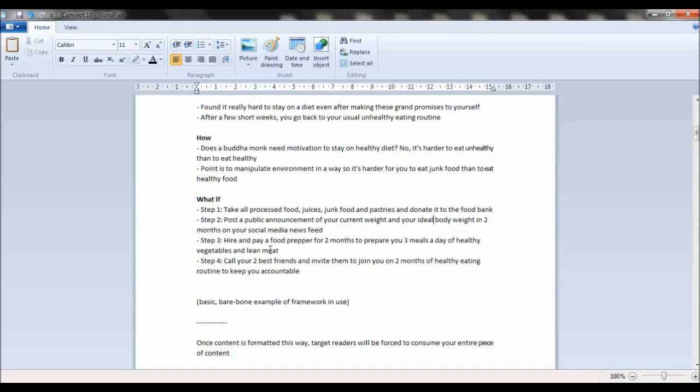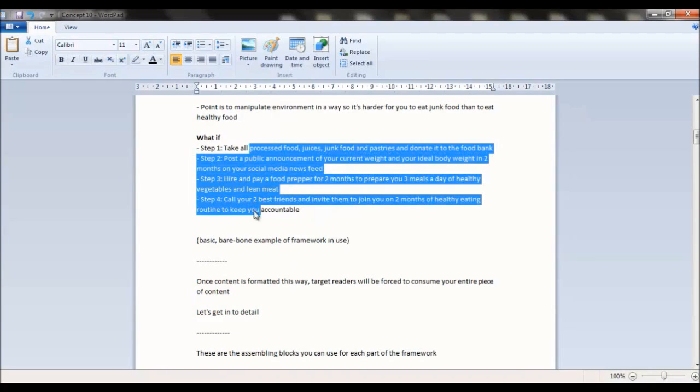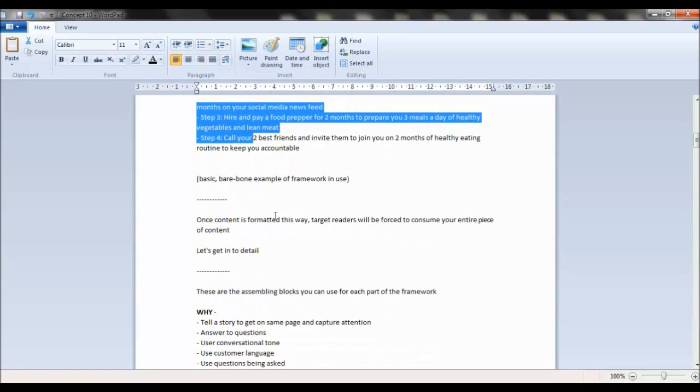Step 3, hire and pay a good food prepper for 2 months to prepare you 3 meals a day of healthy vegetables and lean meat. Step 4, call your 2 best friends and invite them to join you on a 2 months of healthy eating routine to keep you accountable. So these are examples, of course, and I'm not actually advocating these things, although it sounds pretty legit.